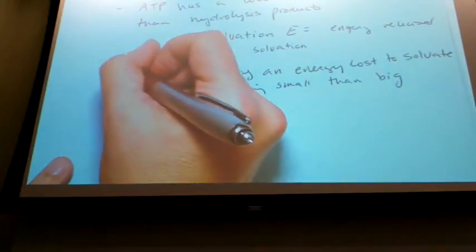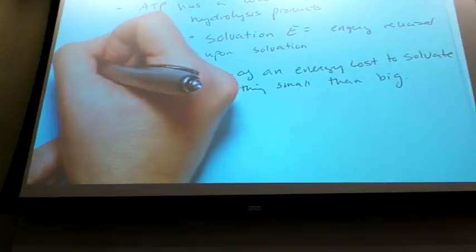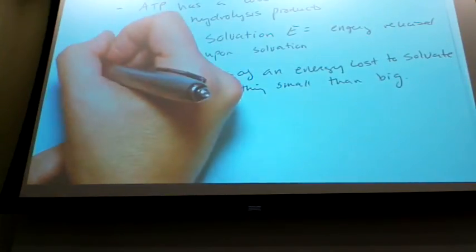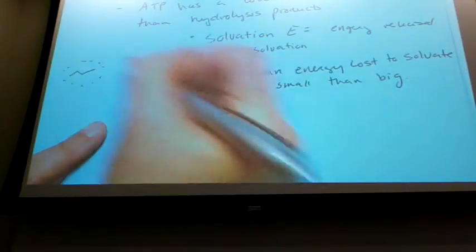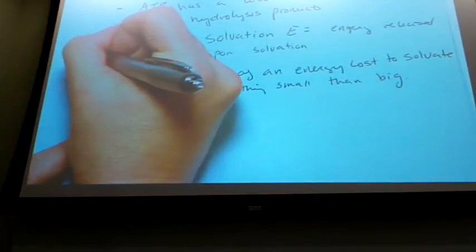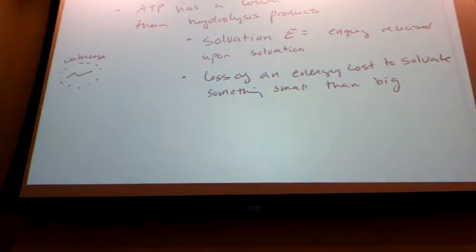So if you have a little molecule, water has to build a cage, and I don't even want to draw out all those little molecules, so we'll just draw a little version. So there's a little water cage, because water wants to hydrogen bond with itself, and it'll hydrogen bond to things that also have polar groups on it.